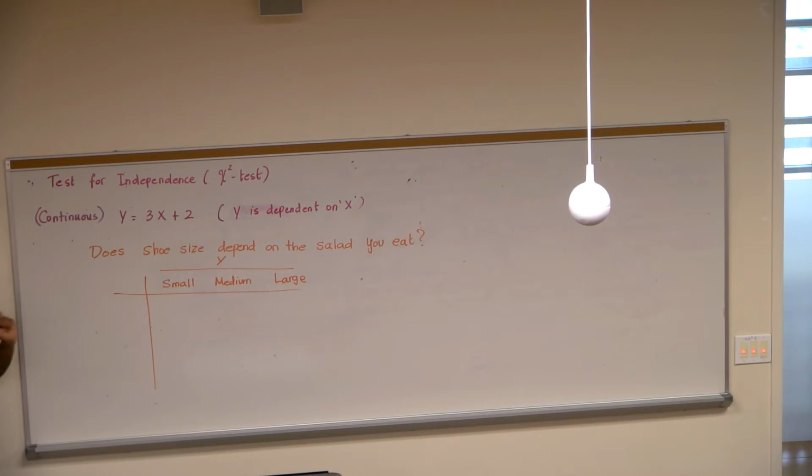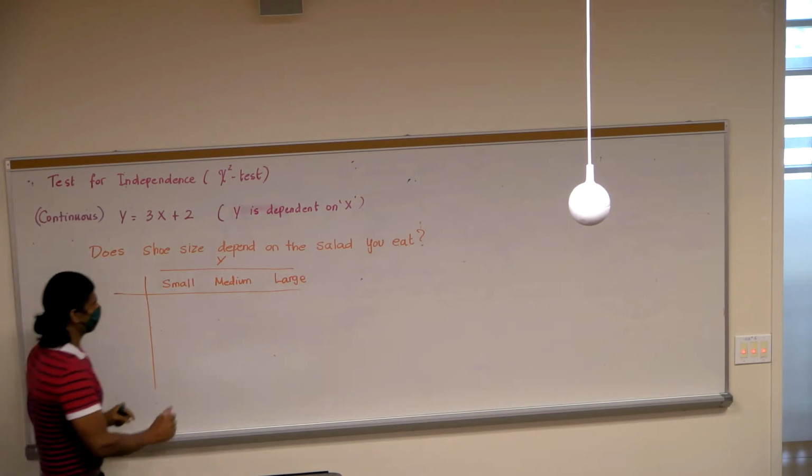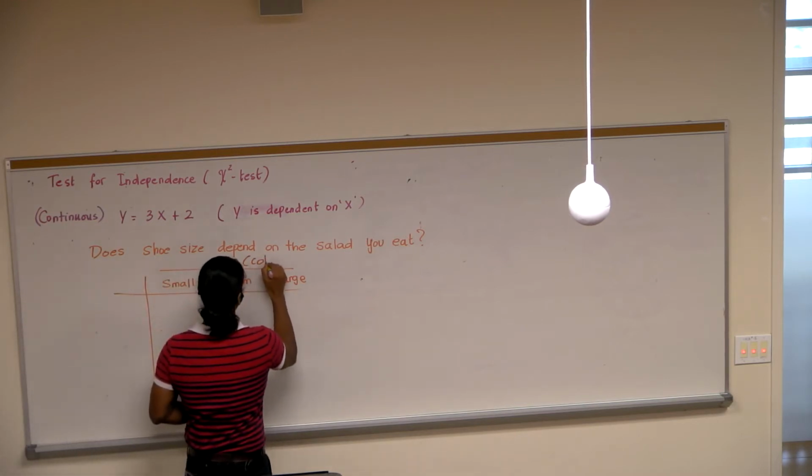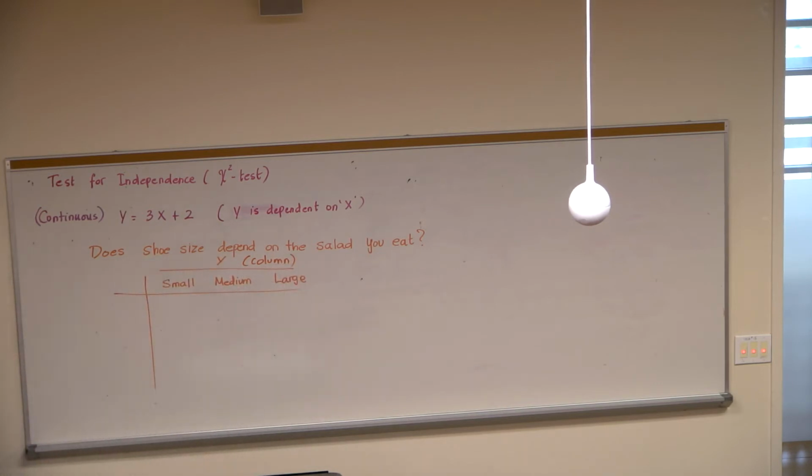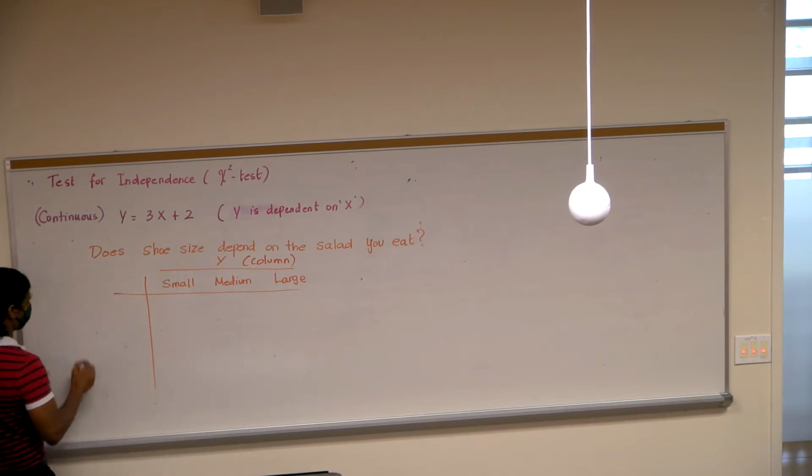Typically, the variable that we use in the column is what we call a column variable. The variable that we use across the rows is the row variable.